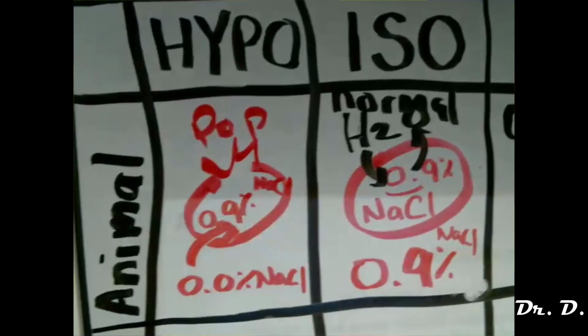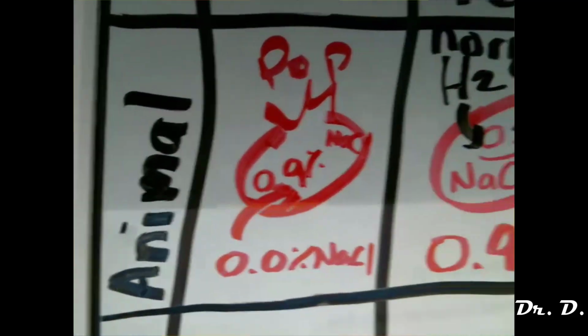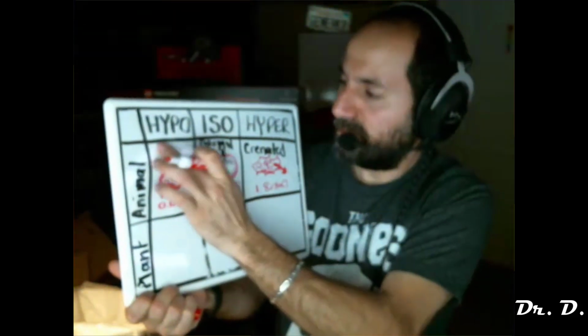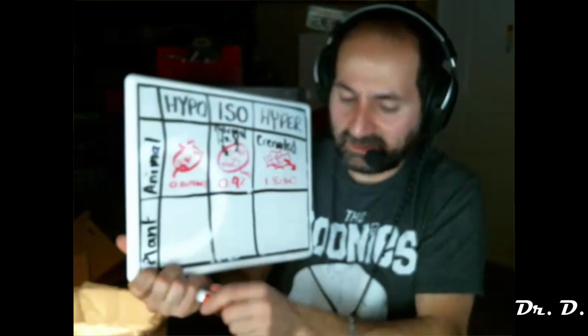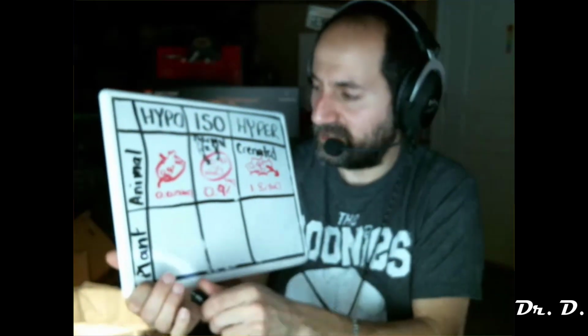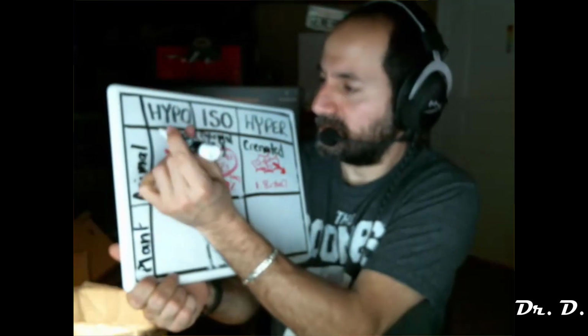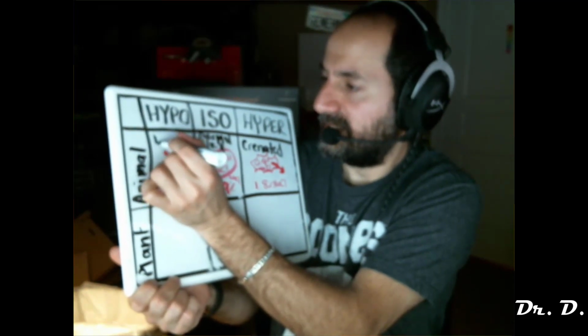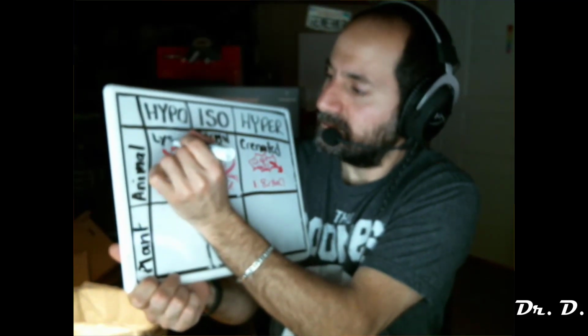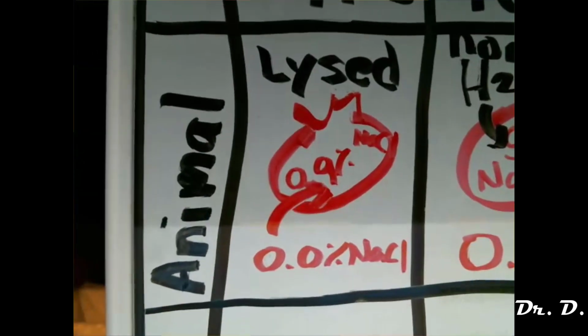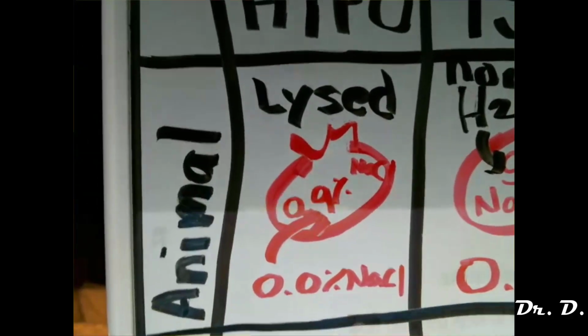So the cell will actually pop. That's called lysed. So the cell will pop open, and that's called a lysed cell. Lyse means break. The cell will literally break. Lysed. A lysed cell means a popped open or broken cell.